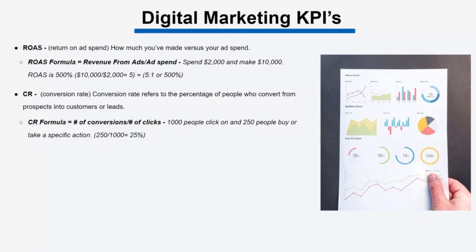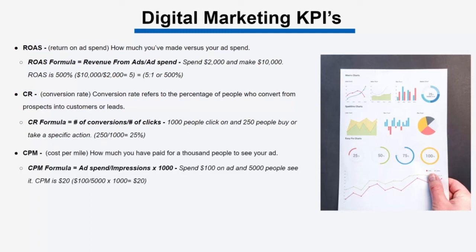And so we have 250 people who either buy a product or fill out their information, divided by 1,000 people who actually clicked on the ad. And so our conversion rate is 25% because 1,000 people clicked, 250 people actually converted, and so that's 25%.